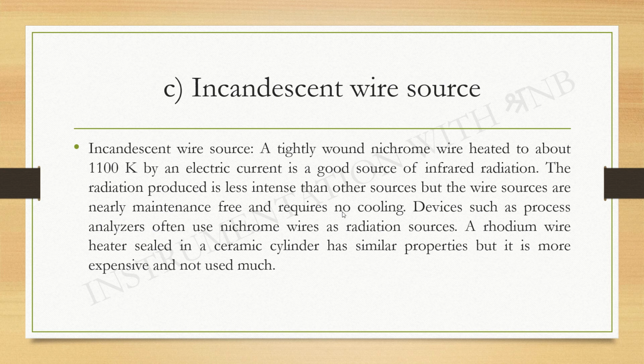Third is the incandescent wire source. Here a tightly wound nichrome wire is heated at about 1100 Kelvin, and this thermal energy or heat is provided by electric current. Although the radiation produced by nichrome wire is less intense than the globar or Nernst glower, the cost is lower.